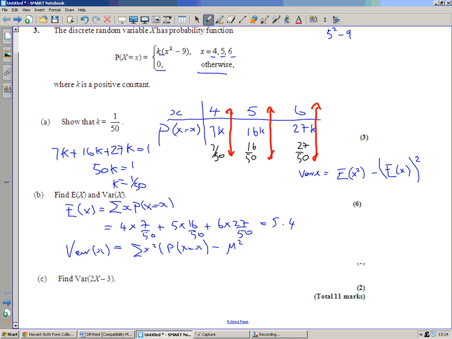So that equals 7/50 times 4 squared plus 16/50 times 5 squared plus 27/50 times 6 squared, take away 5.4 squared.